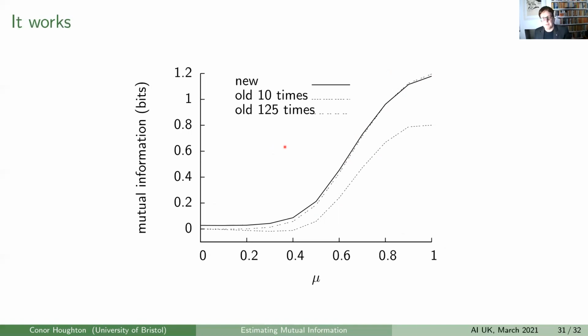We also estimated it with the old-fashioned histogram type estimators, again with some bias correction, although it's not analytic in that case. And we see that with 125 times as much data, the old method is as good as the new one, but with 10 times as much data, there's a clear difference, and the old method isn't catching the mutual information.